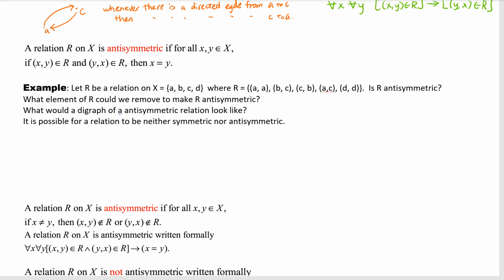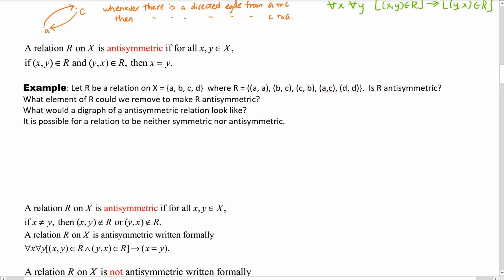Is R anti-symmetric? Anti-symmetric is like the opposite of symmetric, so the graph won't allow you to see this. At any two vertices, there can be only one edge connecting them. There cannot be two edges connecting them. Let me draw it here.